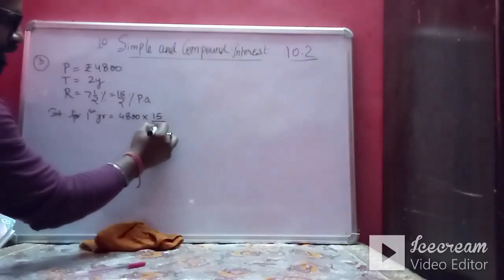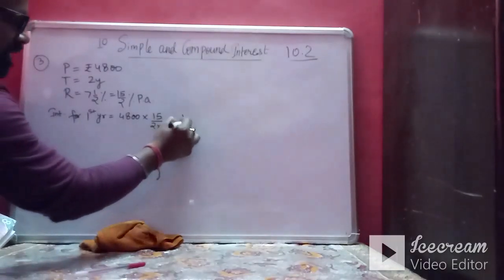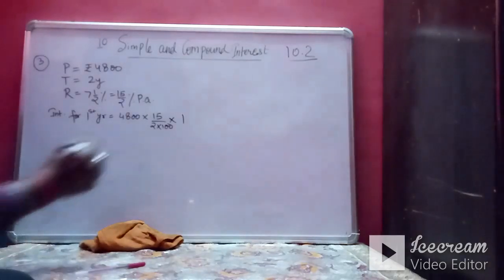So first thing that we will do, we will calculate interest for first year. So what is our interest for first year will be 4800 into 15 upon 2 into 100 into time we will take 1 year.